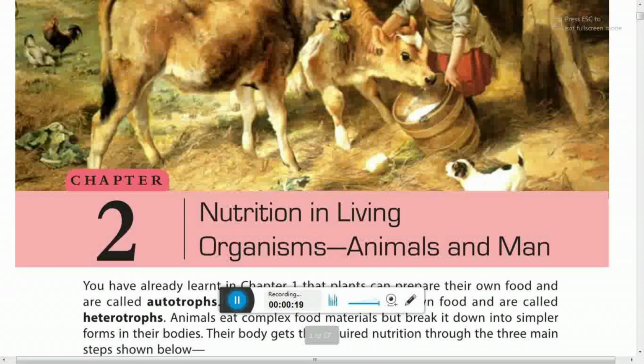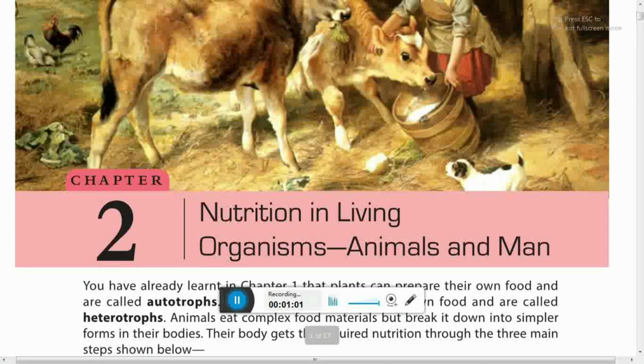You have already learned in chapter 1 that plants can make their own food and are called autotrophs. And animals cannot make their own food and are called heterotrophs.